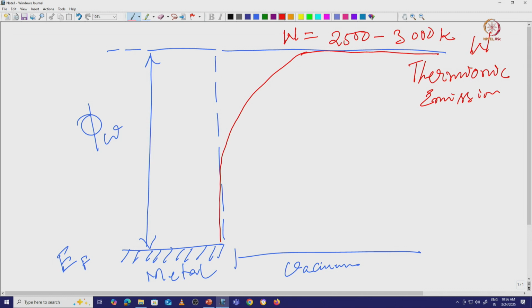One more thing: the melting point of the tungsten filament, Tm, is 3650 Kelvin.